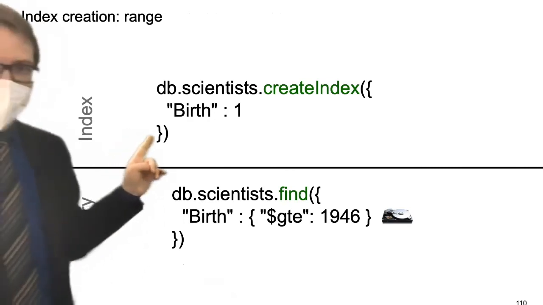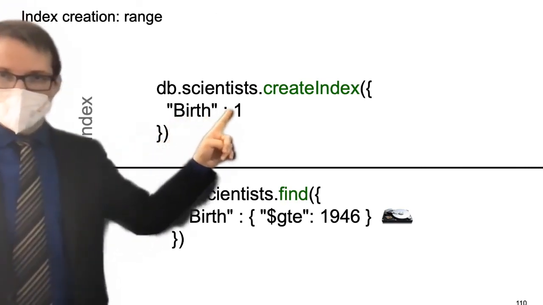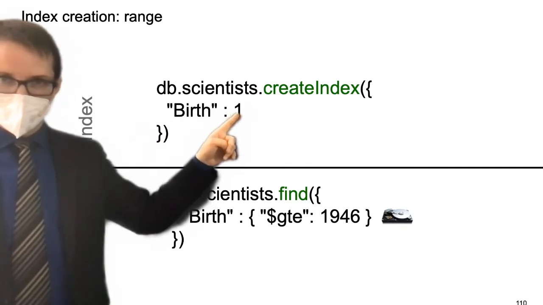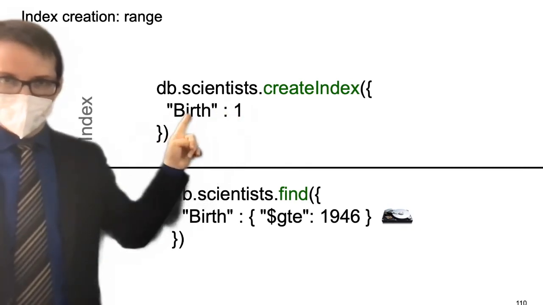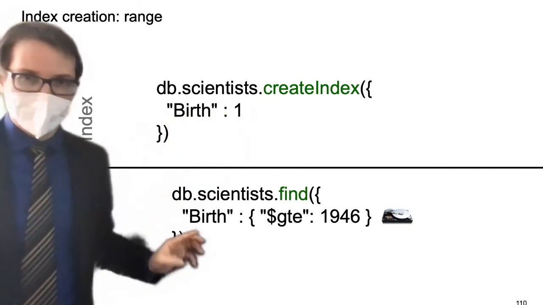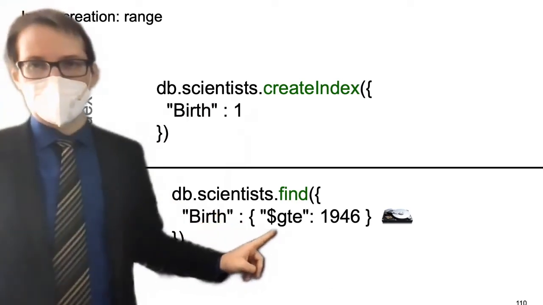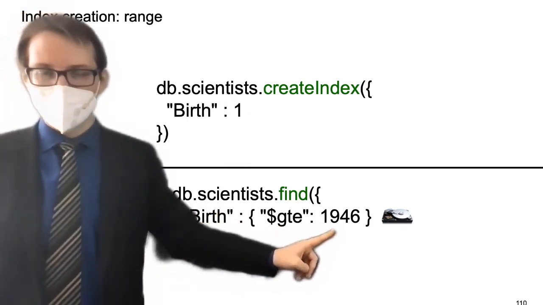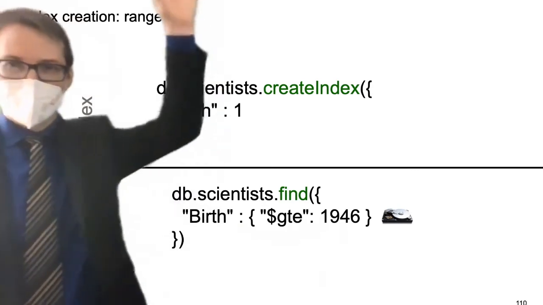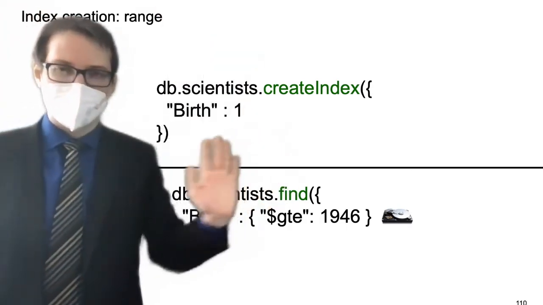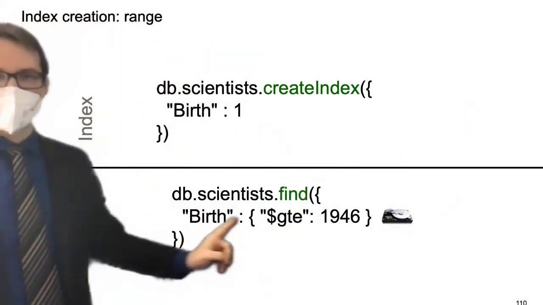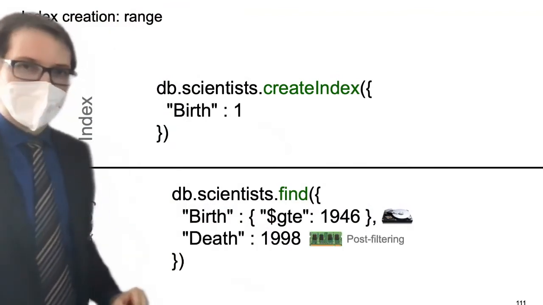Okay, here's another example. A range, so the 1 means a tree index in ascending order of the key. So the birth is ascending. And here I'm asking for the births that are greater than or equal to 1946. So I'm just going to locate 1946 in the index and take everything that's on the right of that. That gives me my results.